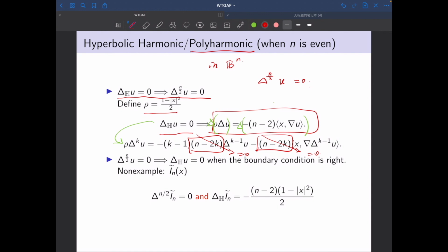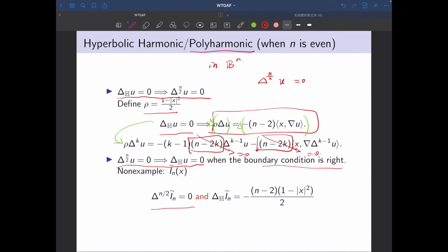And the other way around is a little bit more complicated, just because polyharmonic functions have to satisfy a lot of boundary conditions. So a polyharmonic function is hyperbolic harmonic only when the boundary conditions are right. Here I wrote a non-example, which is the function ln|x|.